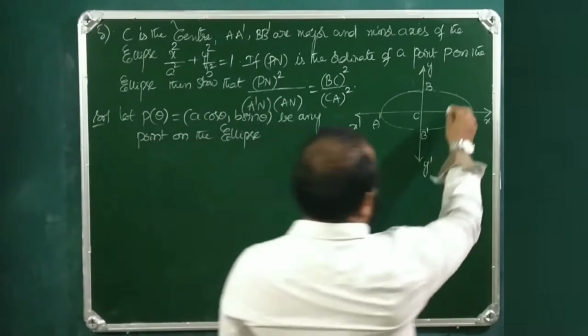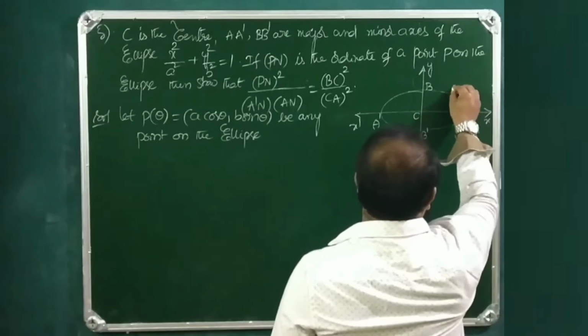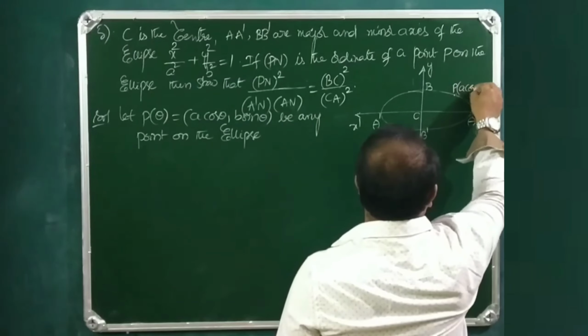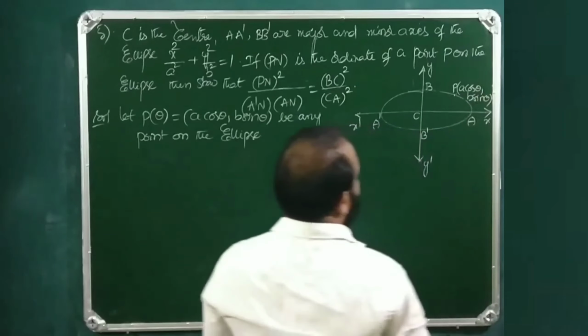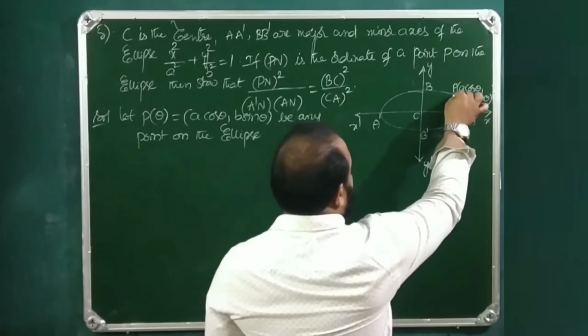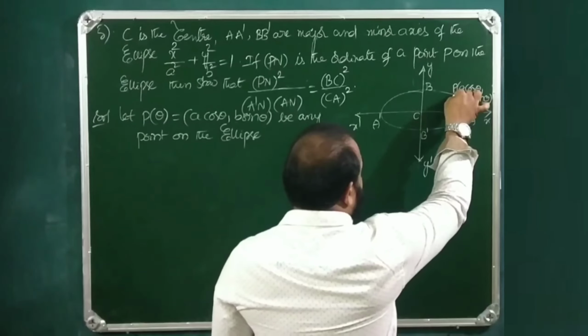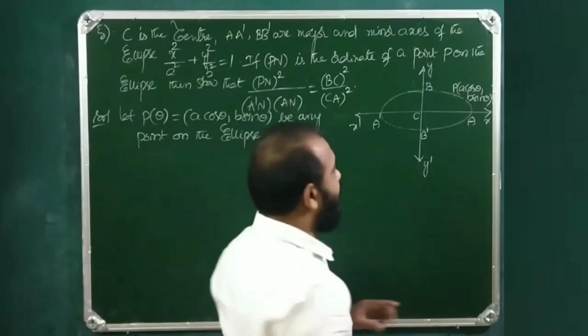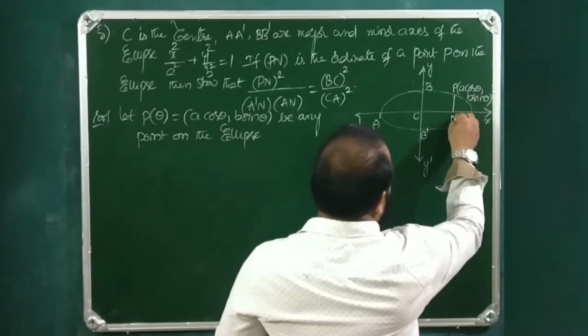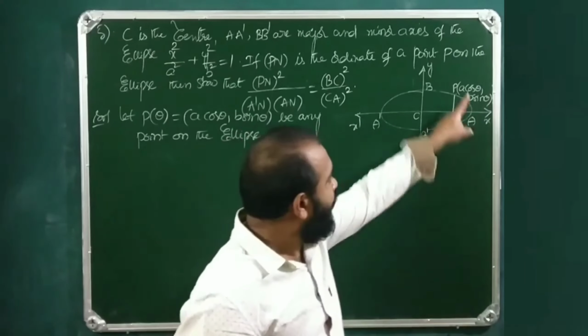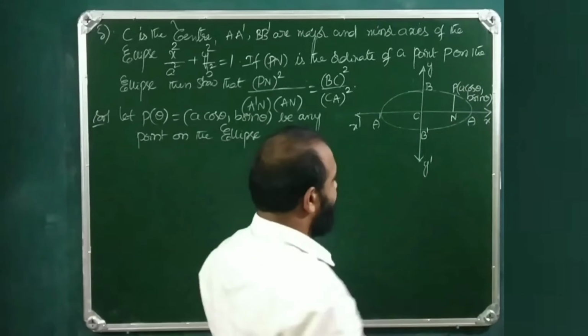So let us take this point P. So this is P, A cos theta, comma, B sin theta. So I'll draw a perpendicular from P onto the major axis. So Pn. Pn is the perpendicular of P on the major axis.